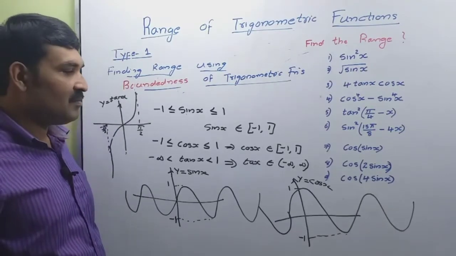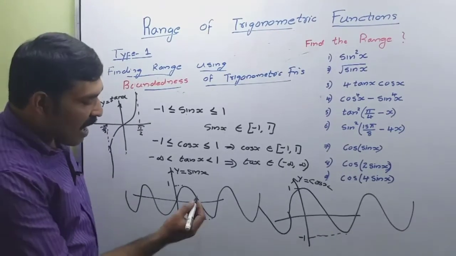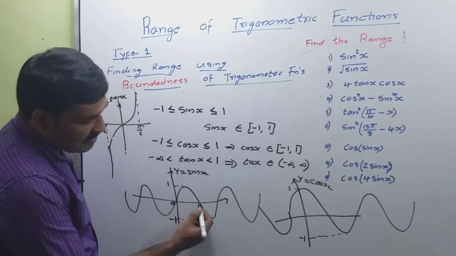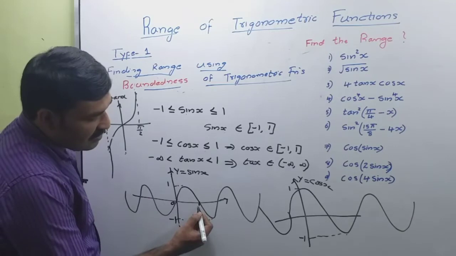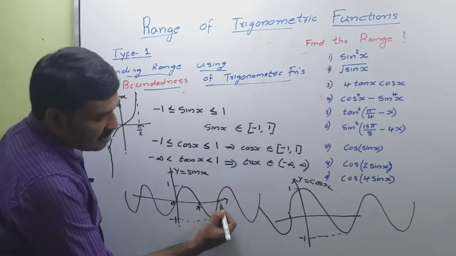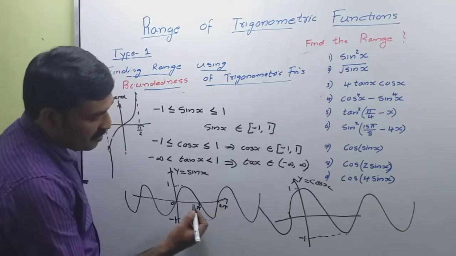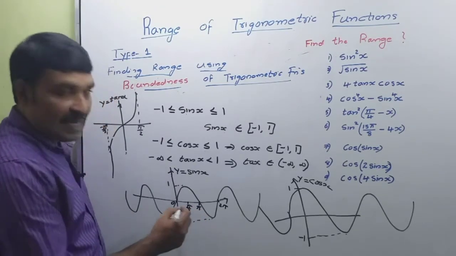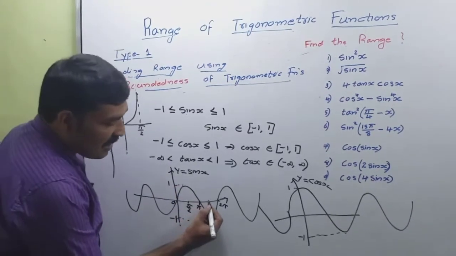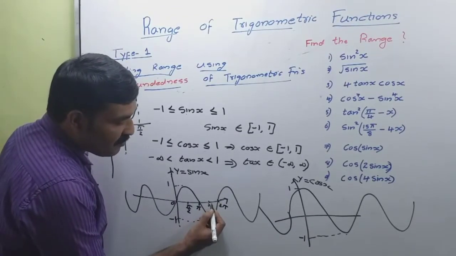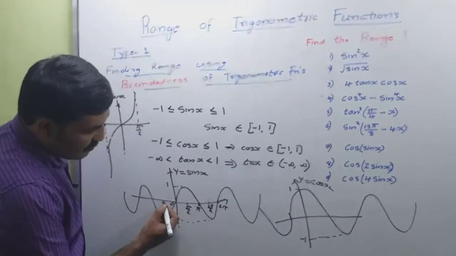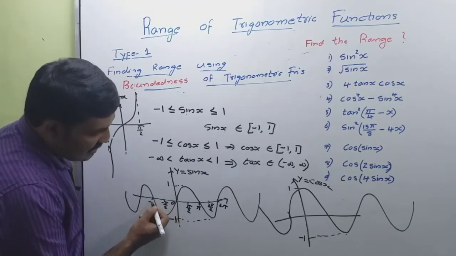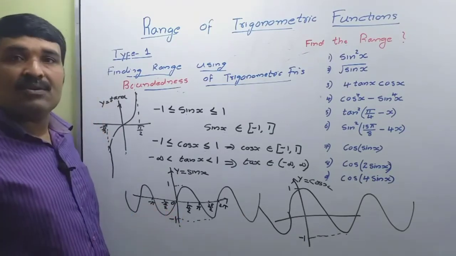Right. Now, what is the value of x? At this point, the value of x is 0. This is the point pi, this is 2 pi. This point is pi by 2, where sin x has the maximum value 1. And 3 pi by 2. This point is minus pi by 2, minus pi, and so on.